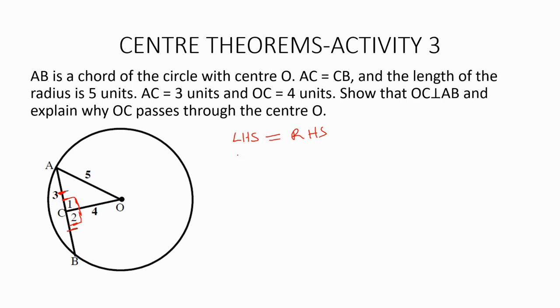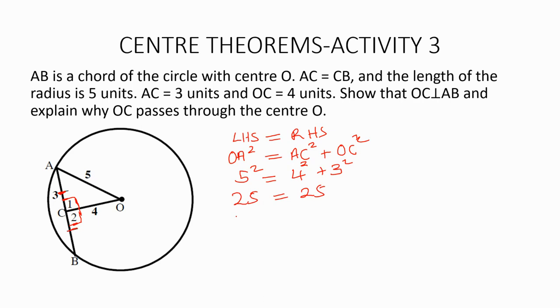The left-hand side is OA squared, which equals AC squared plus OC squared. Let's check if these are equal. 5 squared, and plus 3 squared, and 4 squared. Remember, addition is commutative. So 25 is equal to 16 plus 9, which is 25.